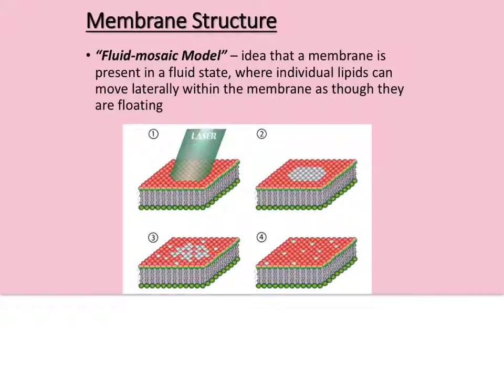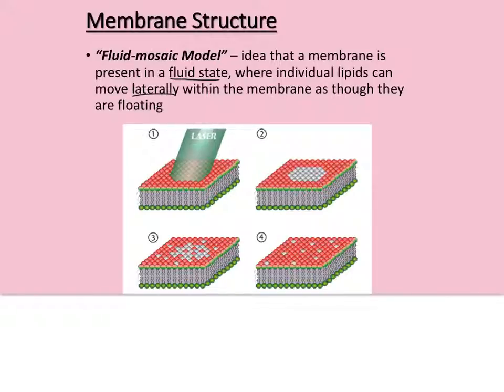Now this structure of the membrane leads us to the most widely held theory about its structure, and we call that the fluid mosaic model. This is the idea that these phospholipids are present in a fluid state, right? So they're just kind of floating around, and they can move around laterally.